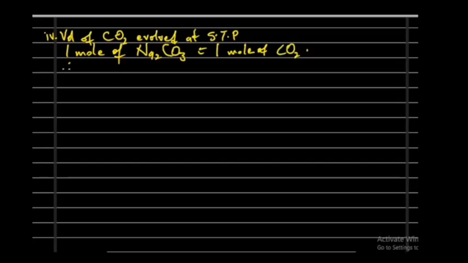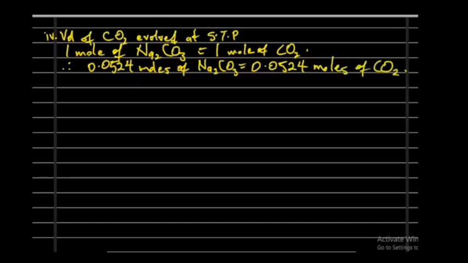So therefore 0.0524 moles of sodium trioxocarbonate equals 0.0524 moles of carbon dioxide. So from that now, volume of carbon dioxide equals the mole of carbon dioxide multiplied by the molar volume of gas.